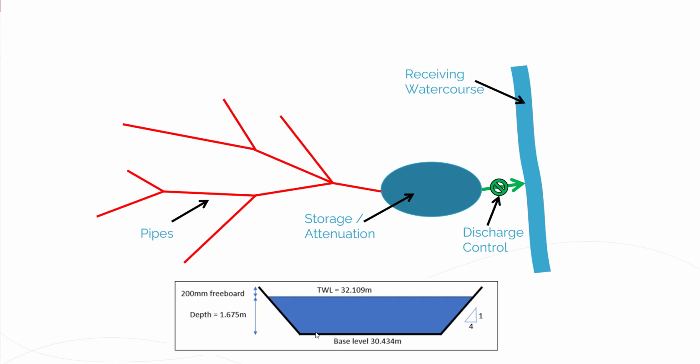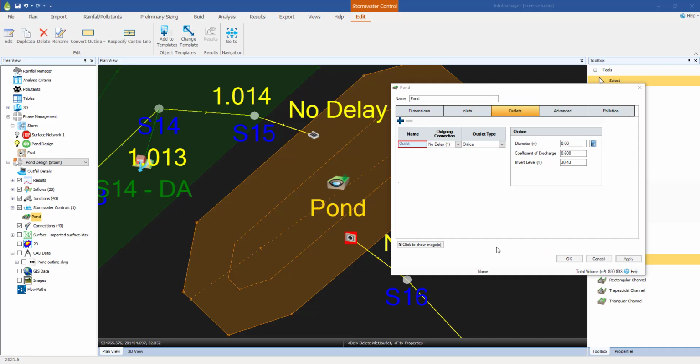It shouldn't get any deeper than that. So what's going to happen is the pond's going to fill up during these severe rainfall events. As it does that, the discharge through the orifice is going to increase, and what we want to make sure is that when it gets to its deepest, its 1.675 meter depth, we don't exceed the 16.1 litres per second discharge. So that's our design criteria.